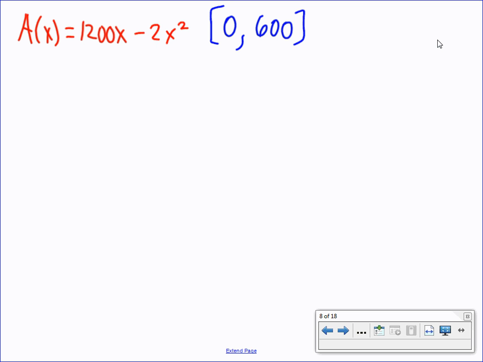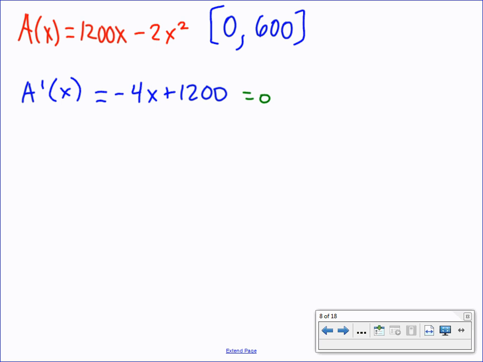We need the first derivative to get our critical values. So go ahead and tell the class A prime when I call on you. What would A prime be given by? Paul? Negative 4x plus 1,200. So A prime is negative 4x plus 1,200. Are there any values of x for which A prime is undefined?